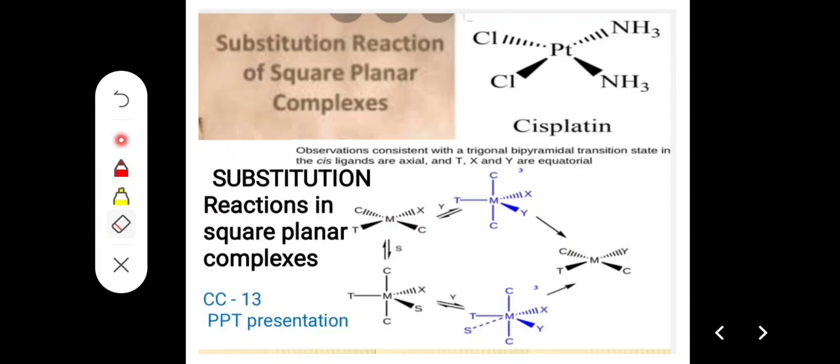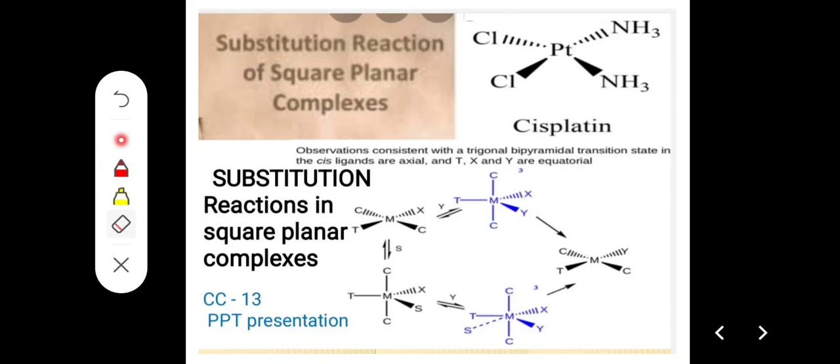Octahedral complexes have coordination number 6, and the metal has so many ligands that there is not much space. So the associative pathway, where any ligand approaches from the back side and the leaving group leaves, like SN2 type reaction, is not permissible.